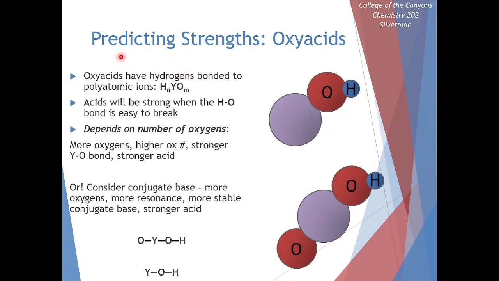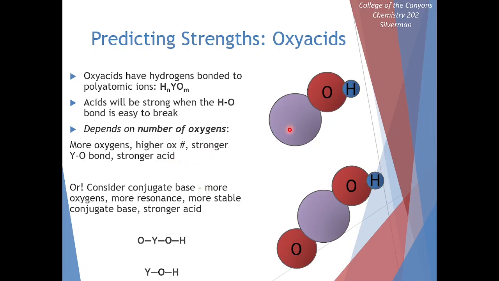The other way that we can compare oxyacids, maybe we have the same central atom, but we have different numbers of oxygens. Sulfuric acid versus sulfurous acid, or nitric acid compared to nitrous acid. Sometimes we have two related oxyacids, but different numbers of oxygens.